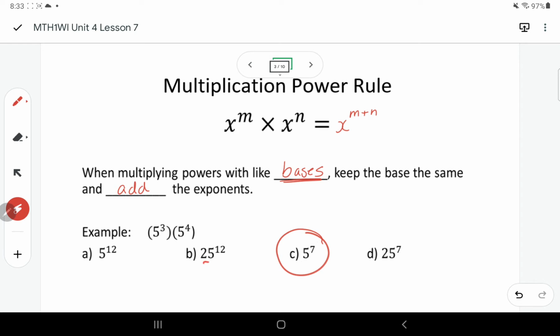Then the other two answers kind of have the same options as the exponent, but they've multiplied those bases. And this is what tends to happen when the base isn't a variable like an X or a Y or an A or a B. People tend to think that there's some kind of math to do with those, but the rule stays the same. You keep the bases the same, so it stays as a 5.